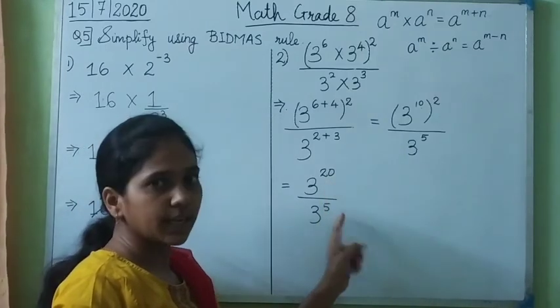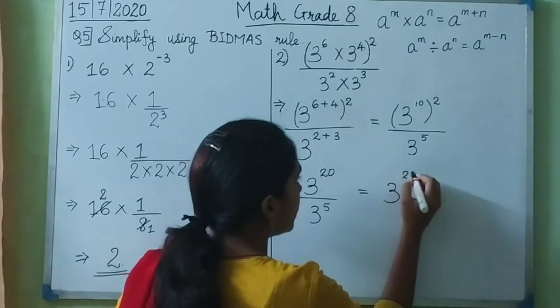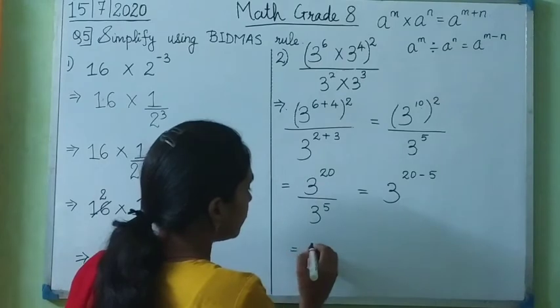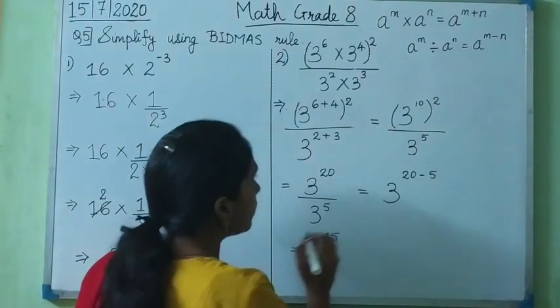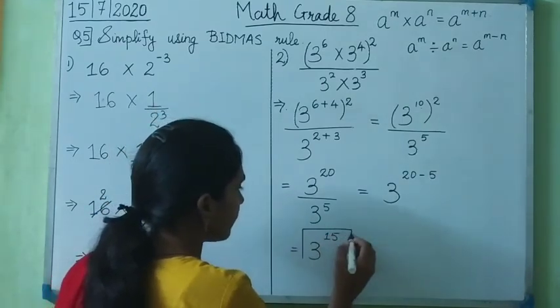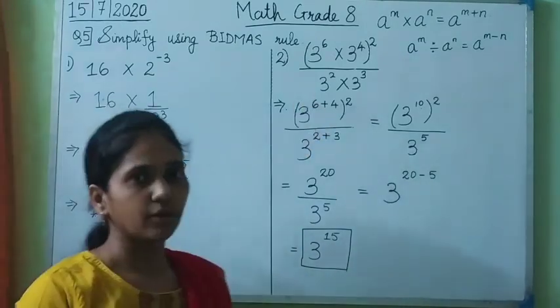So we subtract 20 and 5. This becomes 3 raised to the power 20 minus 5, which is 3 raised to 15. This is the simplified answer of the given sum.